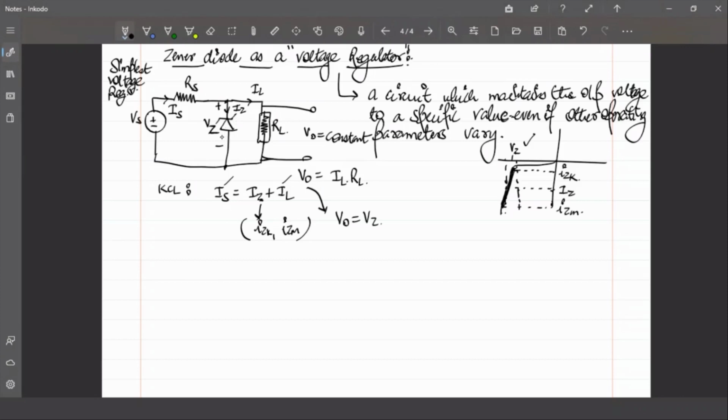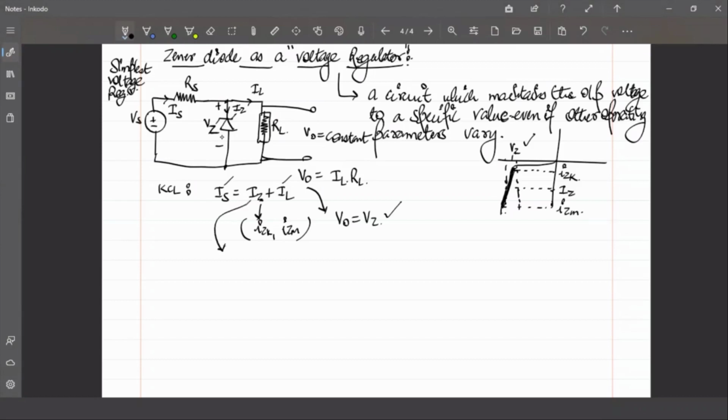Let's take an example. If we have Vs here, and this voltage is making this device reverse biased because of the polarity, and the voltage is high enough that the current Is is equal to Iz plus IL, where Iz is between Izk and Izm, then the voltage across the Zener will be equal to Vz, and this same voltage is applied across your load resistance RL, so the output voltage will also remain constant and equal to Vz.